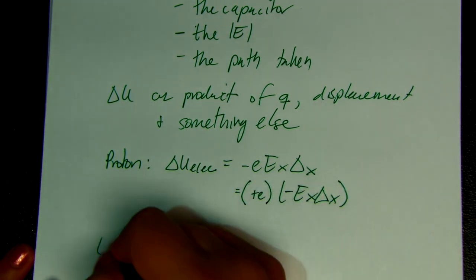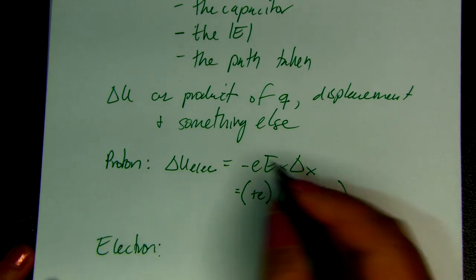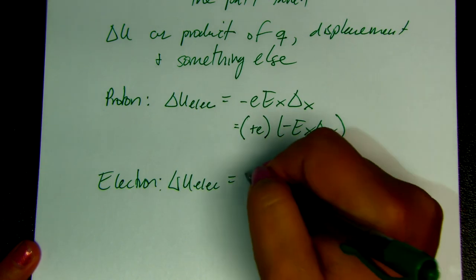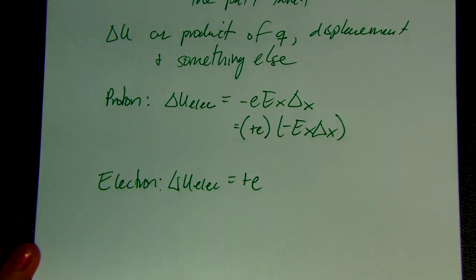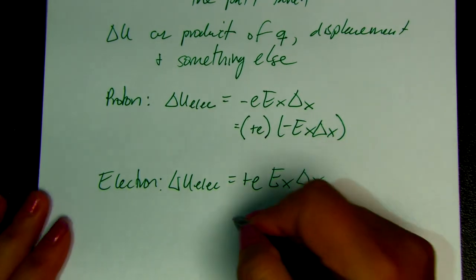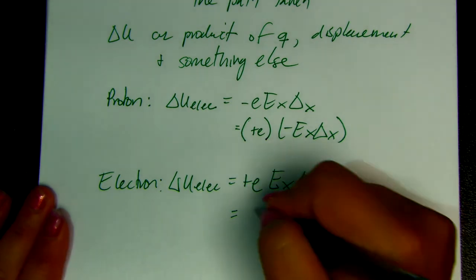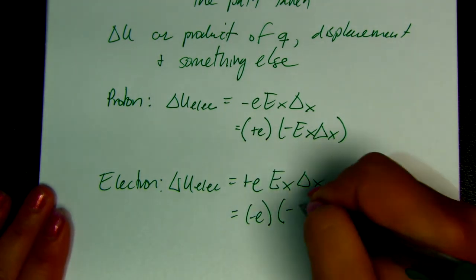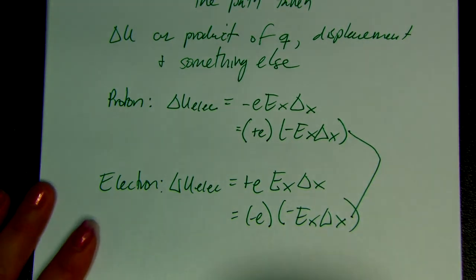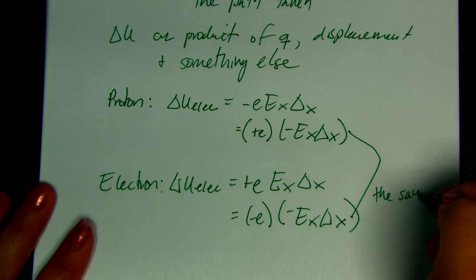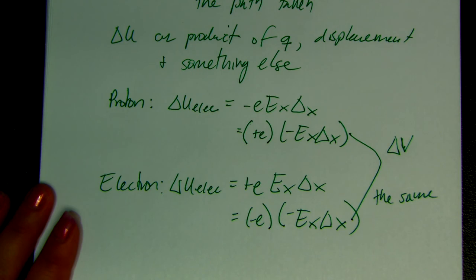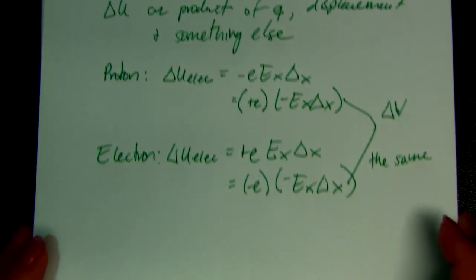And then if we look at the electron, we have our delta U electric is equal to plus, in this case, because you've got a minus and a minus, they're going to cancel each other out, E times X delta X. And you could rewrite this as minus E times minus E sub X delta X. And we notice that's the same. And this is our delta V, or our change in electric potential.